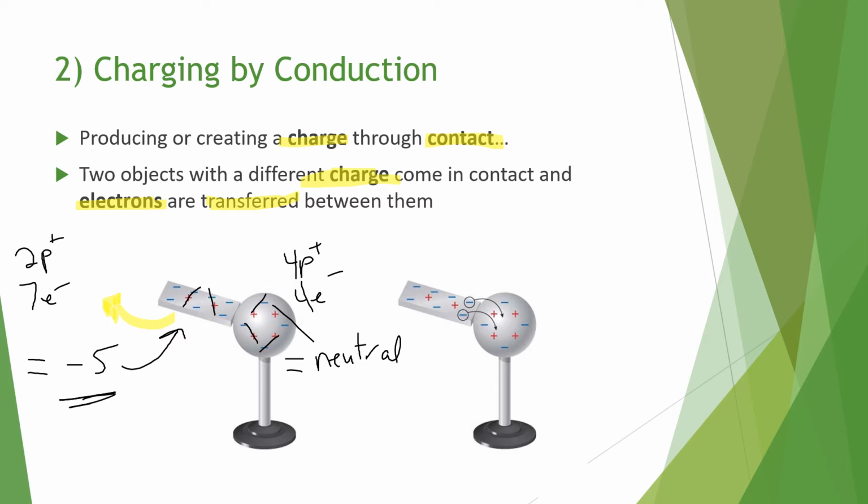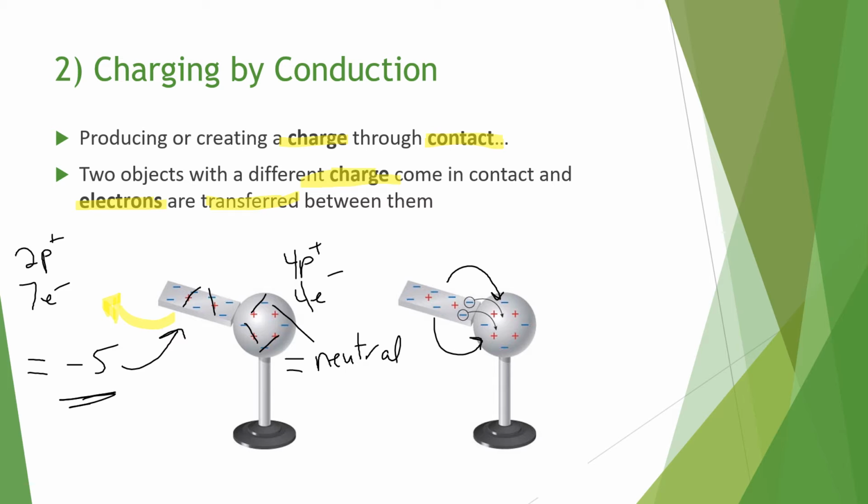So the electrons are always going to move from the more negative object to the less negative object. Neutral is less negative than the -5, so that's why electrons are going to move this way. Okay, so electrons are going to transfer from the metal block to the metal ball, and the whole reason is to even out the imbalance of charges, so to try to balance out the charges as best as possible.